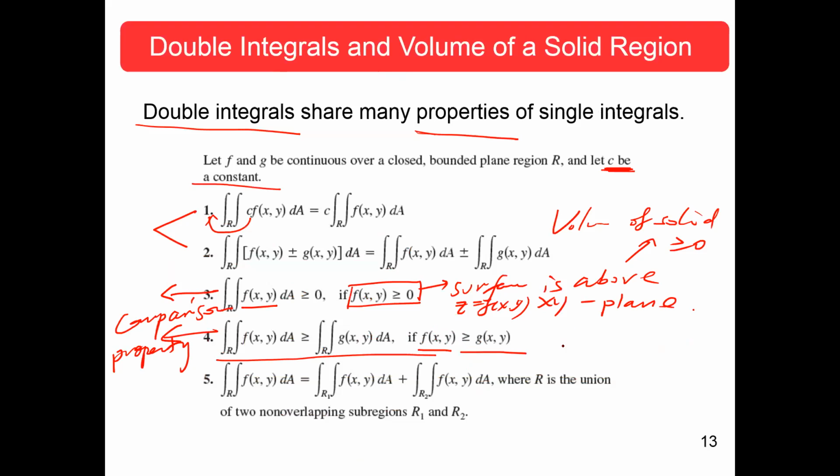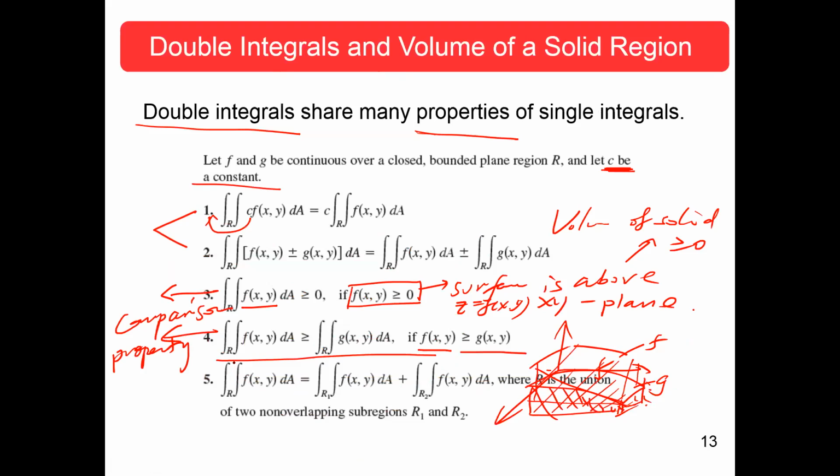One is function f, and the other one is function g, right? g is lower. Here is f. Okay. So of course, if you construct a solid over the same region, the volume of the solid under f would be bigger than the volume of the solid under g, right? Okay, so that's the comparison property.